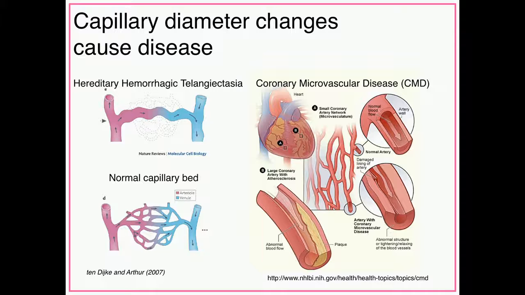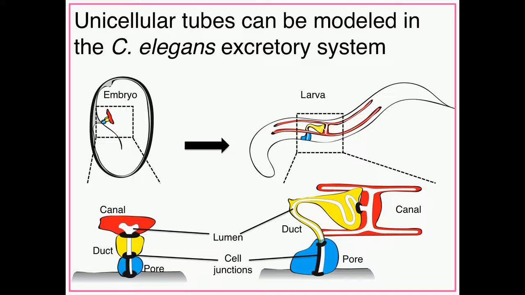But although capillaries are clearly very important for human health, there's not a whole lot known about how these tiny tubes get and keep their shape, in part because it's very difficult to visualize these small tubes in mammalian systems.